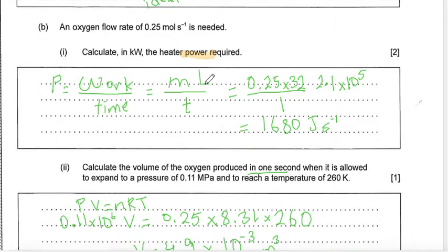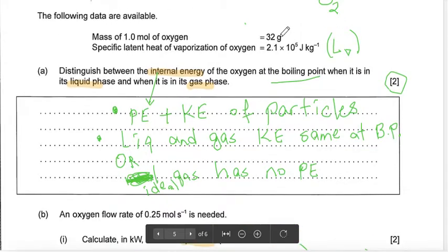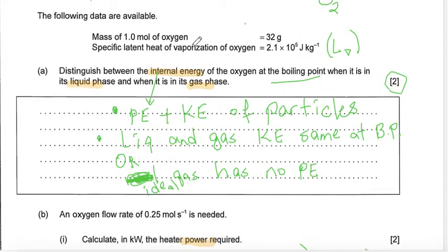We know the latent heat, which is this number. The 0.25 times 32 is the mass. Why? Because 0.25 moles times 32 grams per mole.